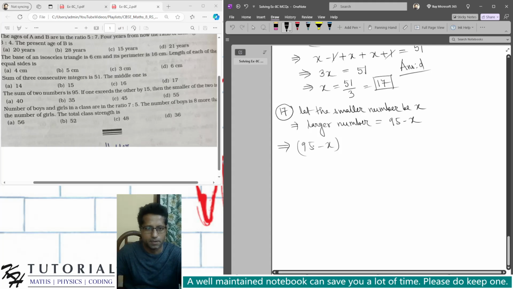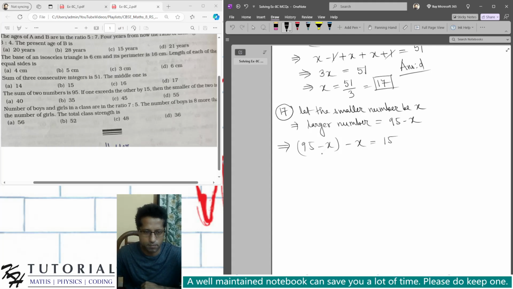It will be definitely greater than the smaller one by 15. So the difference of the larger number and the smaller number has to be 15. So this is the equation we get, and we have to solve for x to get the smaller number, since we have assumed x to be the smaller number.